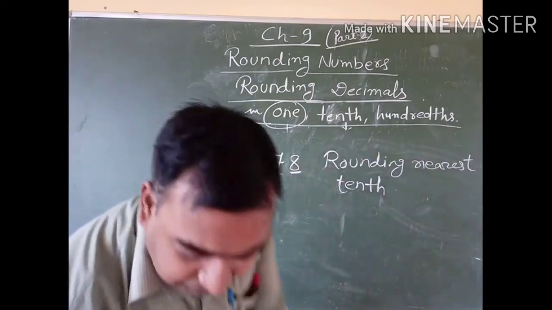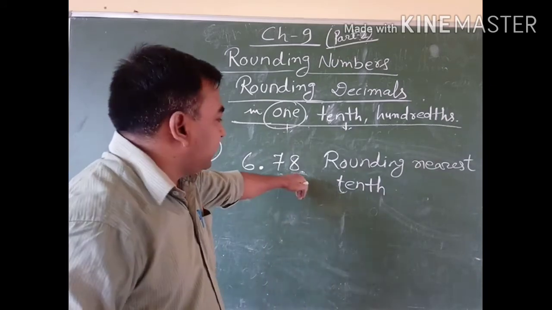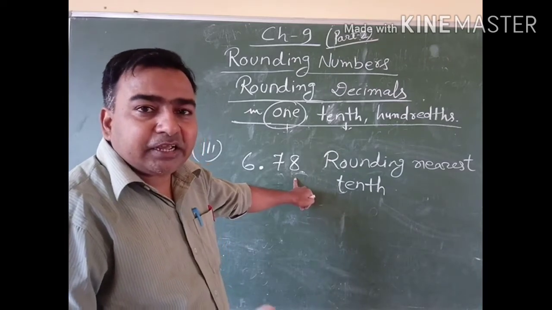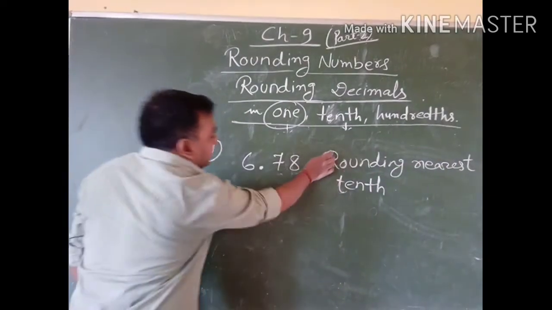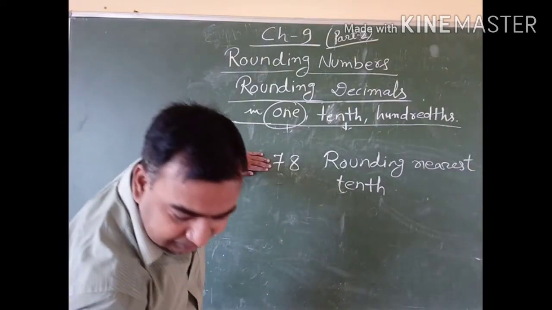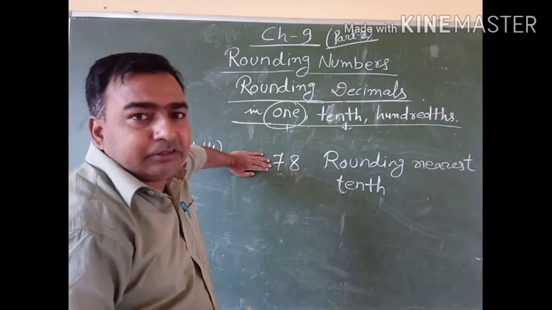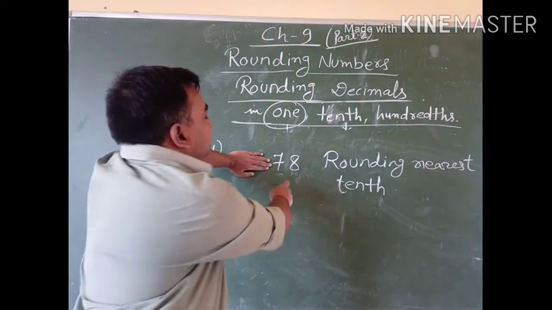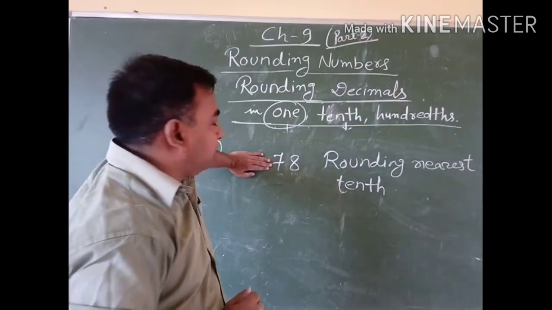मैंने क्या कहा, आपको समझा देता हूँ. ये 100 प्लेस का जो नंबर है वो मोर देन 5 है, तो हम आगे की ओर बढ़ेंगे, we will go forward. Suppose this is 78, and we want to change it to nearest 10.